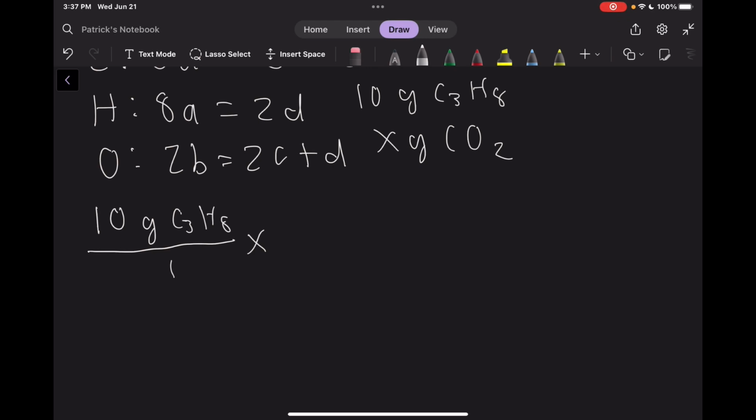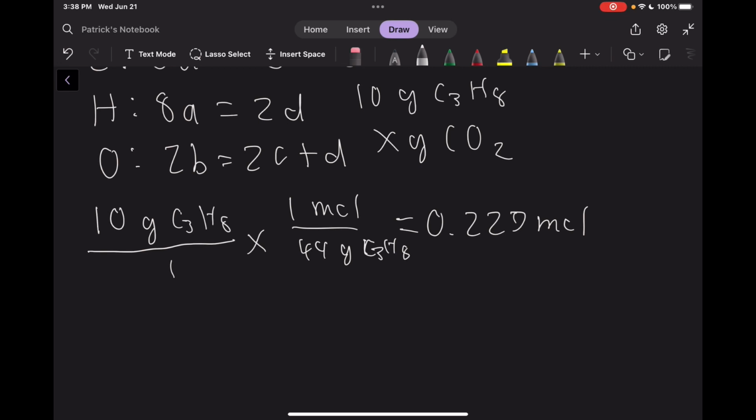We need these grams units to cancel out, so we actually multiply 10 grams by the inverse of the molar mass, which would be 1 mole over 44 grams. From this, we get 0.227 moles of propane.